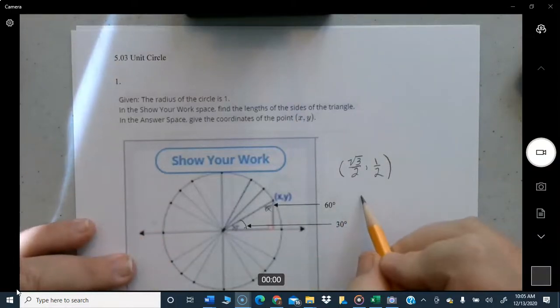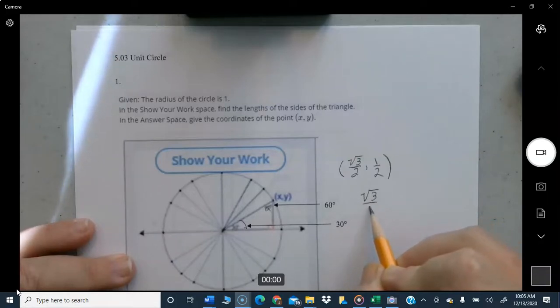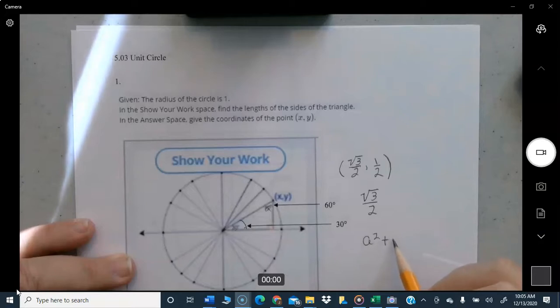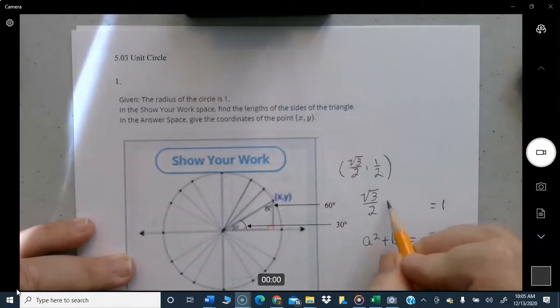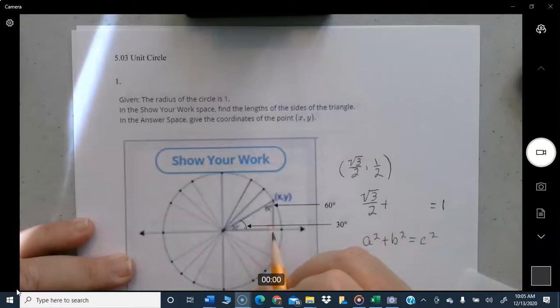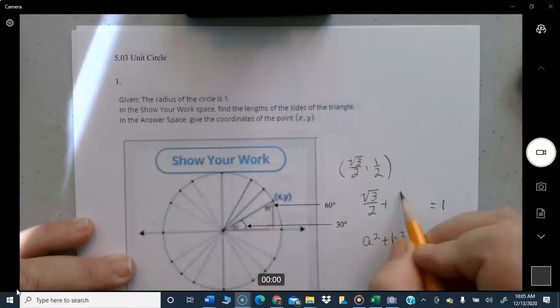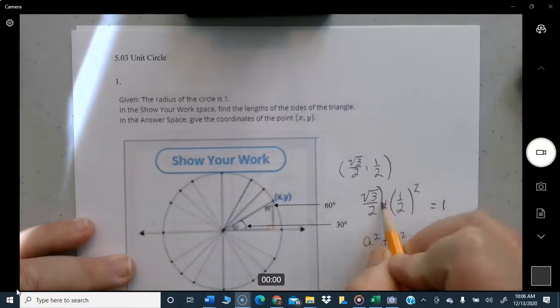The only thing you could show is that if you use the Pythagorean theorem, let me go ahead and write that. It's a squared plus b squared equals c squared, where c is this side. Well, we said that was 1. So 1 squared is going to be 1, and that's going to be a squared plus b squared is 1/2. We said that, so we're going to square that, and we're going to square that.